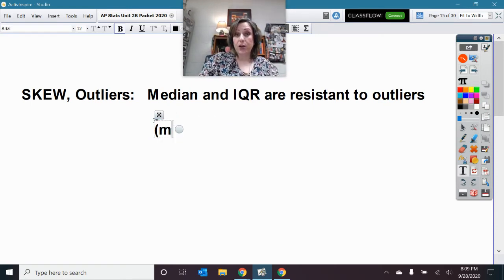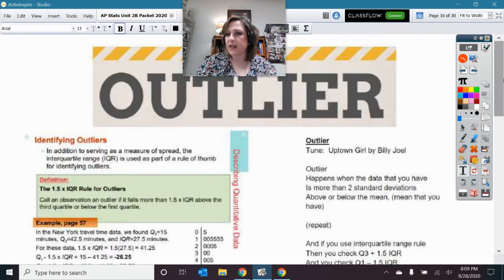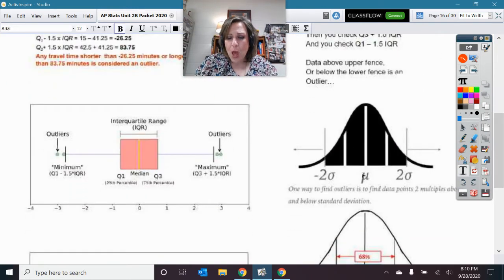So if you are using the mean or the standard deviation, there is an outlier rule for those. The outlier rule for the standard deviation is the mean plus 2 standard deviations or the mean minus 2 standard deviations.